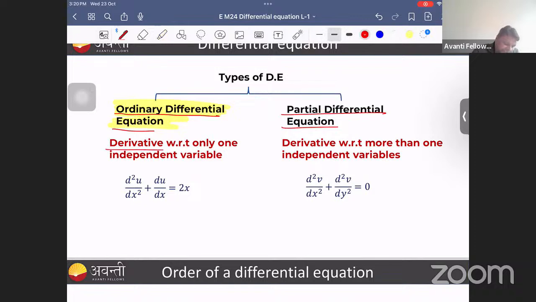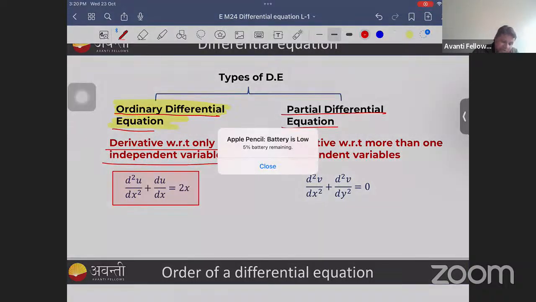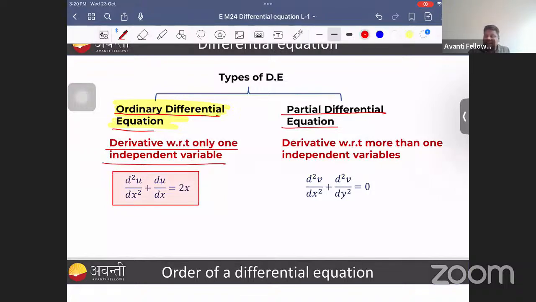Here we see derivatives with respect to only one independent variable, say d2u by dx square, the second derivative of u with respect to x, du by dx, the first derivative with respect to x, and a constant and a variable. But there are partial differential equations also, which are not in our syllabus. Yes, they are also differential equations, but we won't be going into any depth for them.